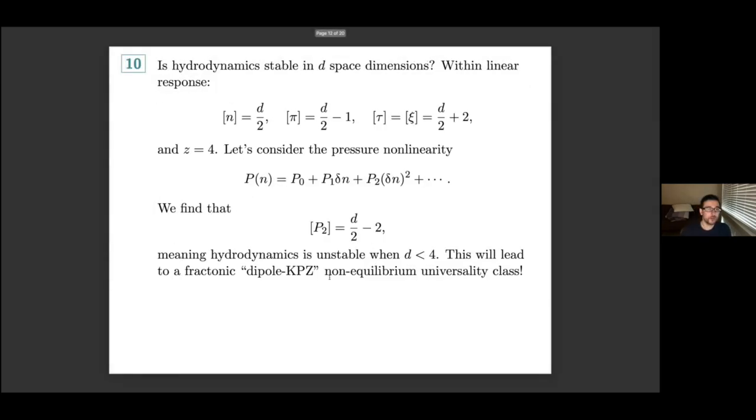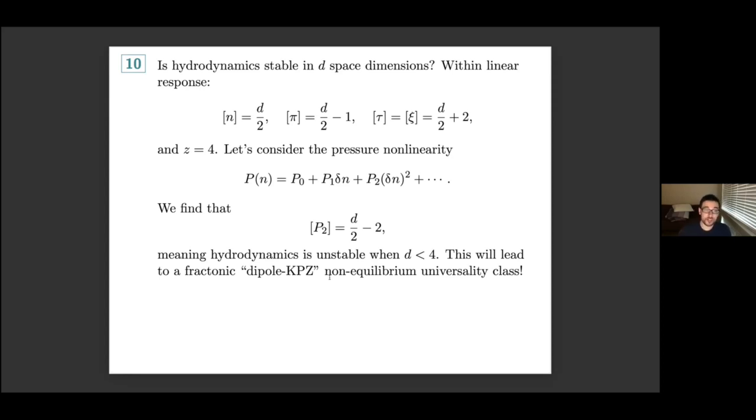Now we can ask, is this hydrodynamics actually stable? We're working in d space dimensions here, and then one time dimension. Within linear response, if we just do the calculation, it's pretty straightforward from here on out.